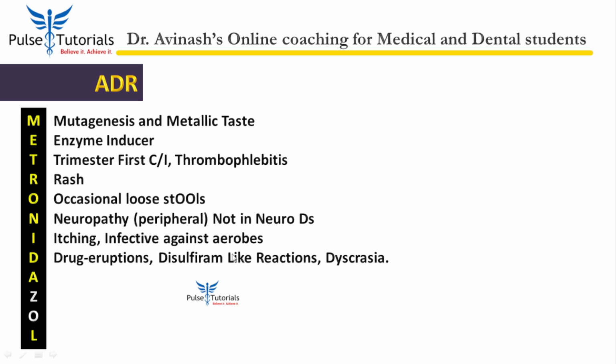So blood disorders. What is disulfiram reaction? It's literally like alcohol intolerance that happens in patients who take metronidazole. So that's one major side effect. So when you're giving metronidazole, you have to inform the patient, please don't have alcohol. A is for anorexia, skip Z and O because they don't fit in my mnemonic. And L is for leukopenia, the WBC count falls.